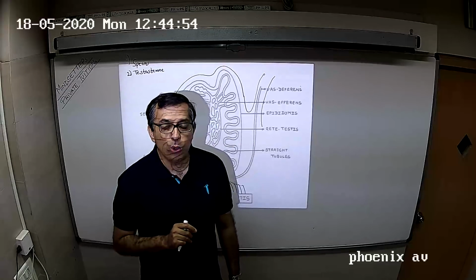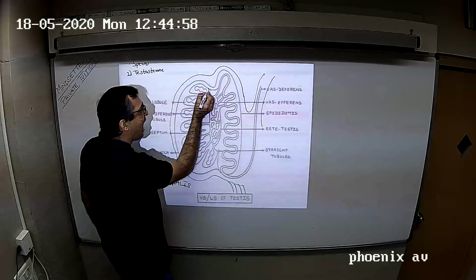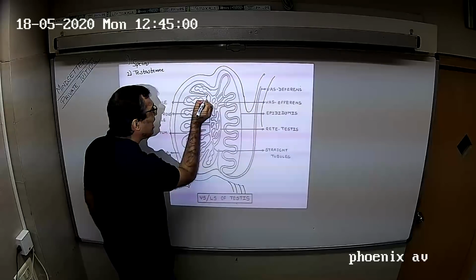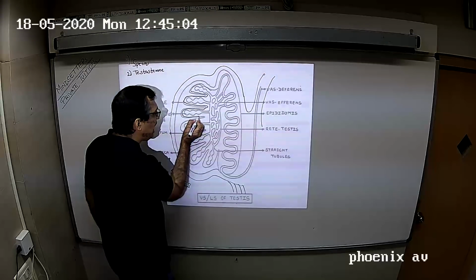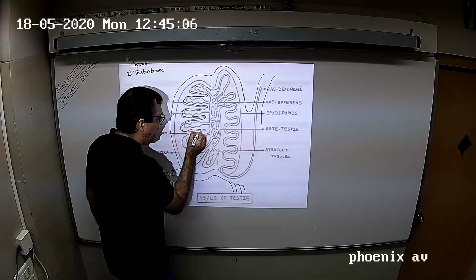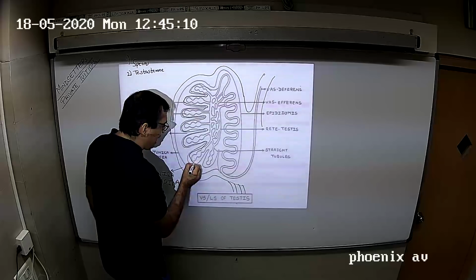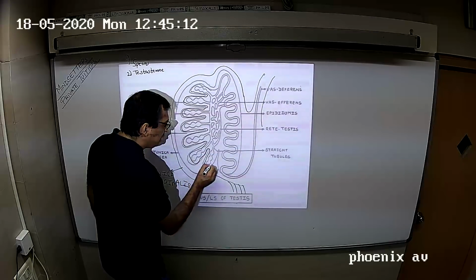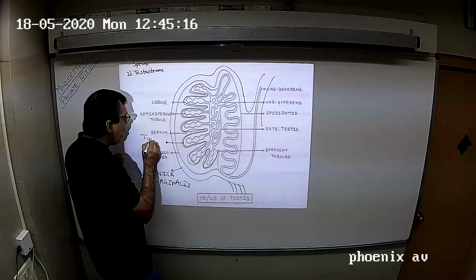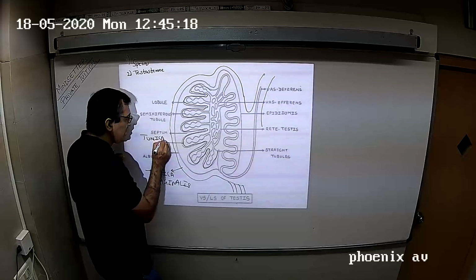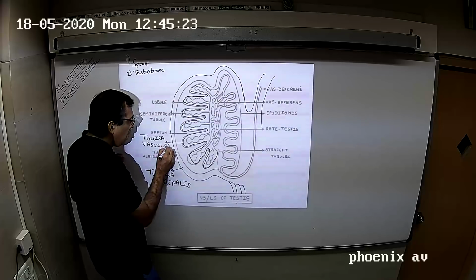250 such lobules. And these lobules are lined by a layer of blood vessels. There is a lining of blood vessels, and that layer of blood vessels which lines all these lobules is called the tunica vasculosa.